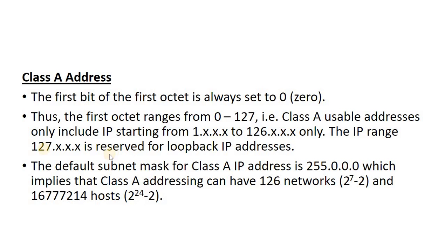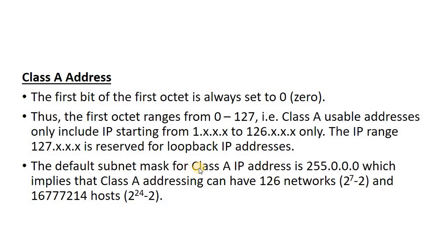The IP range 127 is reserved for loopback IP addresses. I think what it means is we can send a packet to its source or to the sender if, for example, we cannot find the destination. So we don't use that for assigning clients.